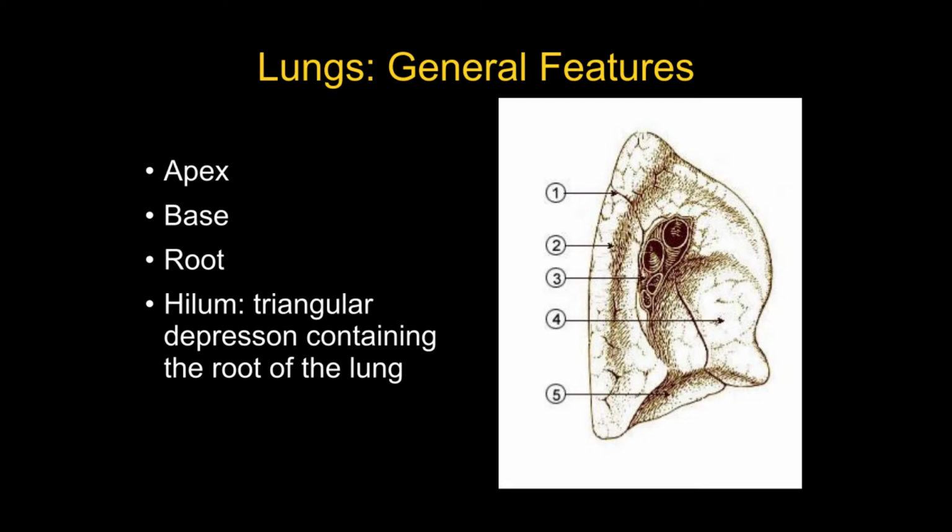Specifically, the hilum is the depression on the lung containing the roots. The root is the part that contains your pulmonary artery, vein, and the bronchus.